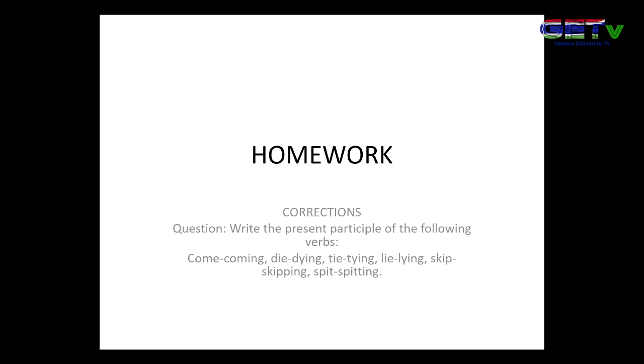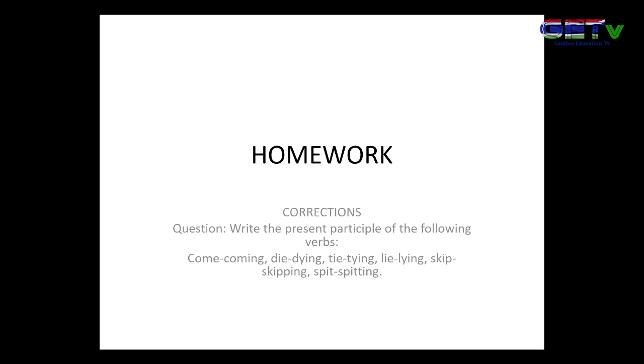When a verb ends with a silent E, we said we drop the E and add ing, like come, coming. When a verb ends with IE, we said we drop this IE and replace it with Y and add ing. Likewise, tie becomes tying, lie becomes lying.